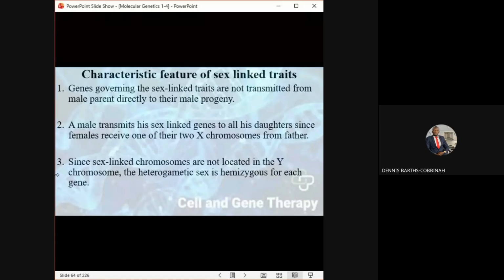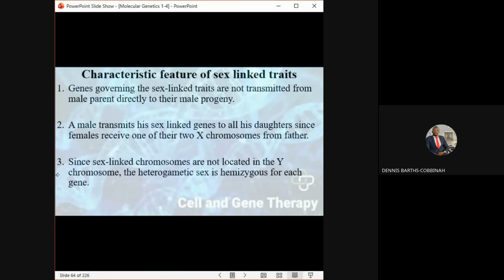So it is not directly transmitted from the father to the son, which is the X-linked characteristic, but rather it is the female progeny of the father who will transmit that defect gene on the X chromosome to the grandson of the father. So that is how it works.